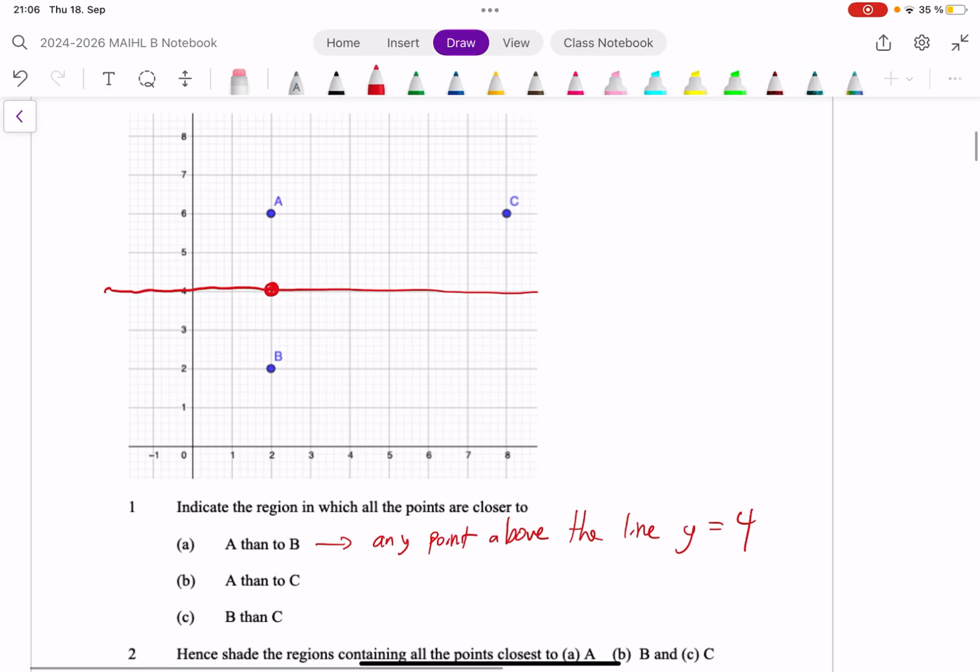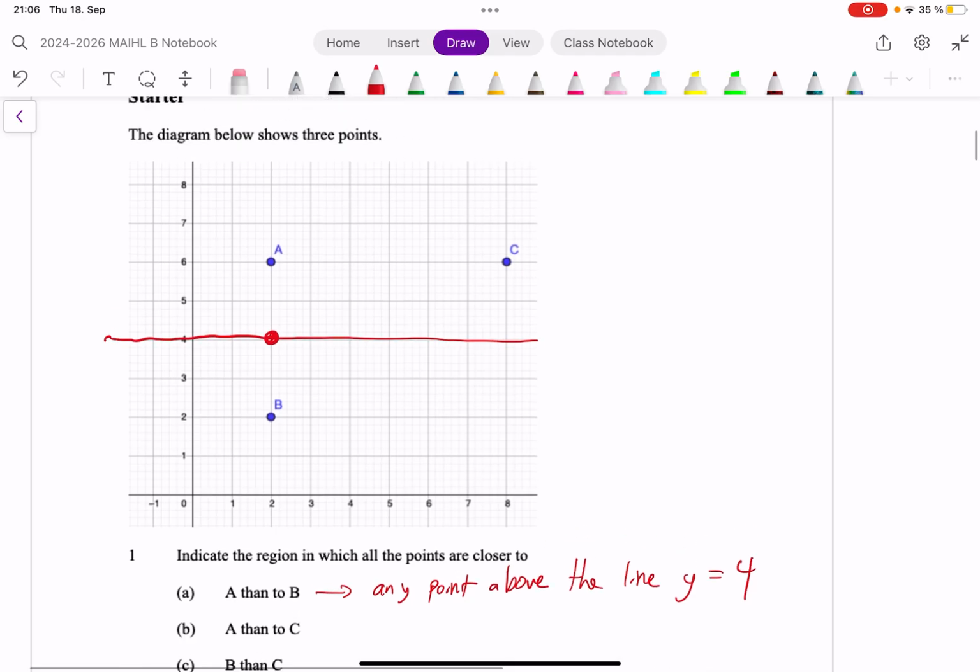So then it says do a similar thing for A to C. So how do you figure out if it's closer to A than it is to C? Well, the point's exactly halfway between A and C. So A is at 2, C is at 8, so at, what would that be? 6, 3, 5, right?